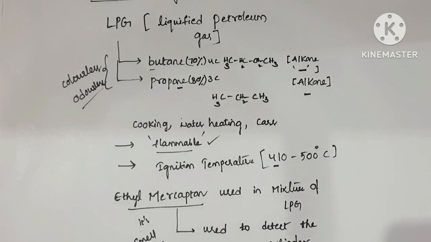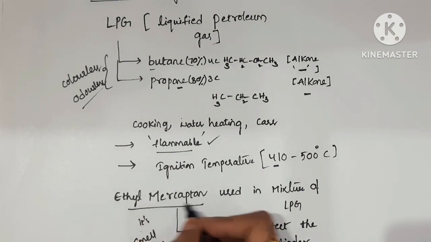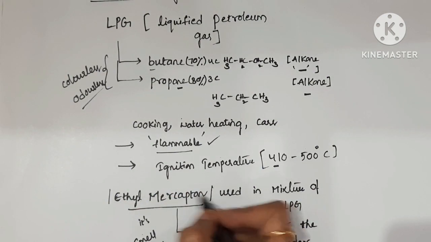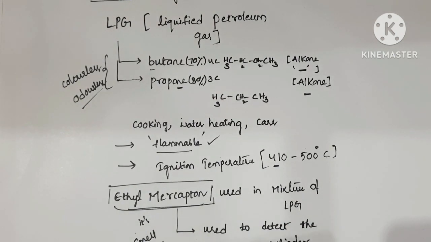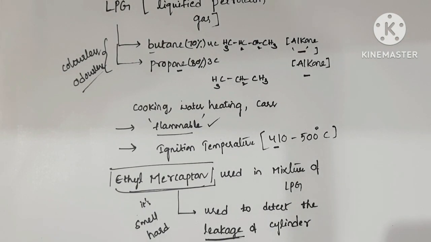When we open the gas in the gas stove, it smells very strong because of ethyl mercaptan. To reduce gas leakage problems, we use ethyl mercaptan.